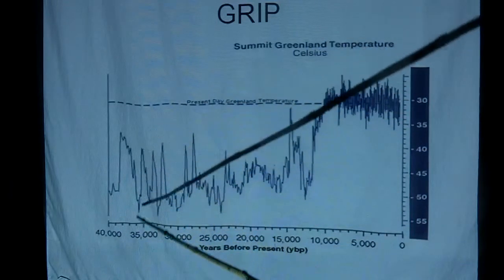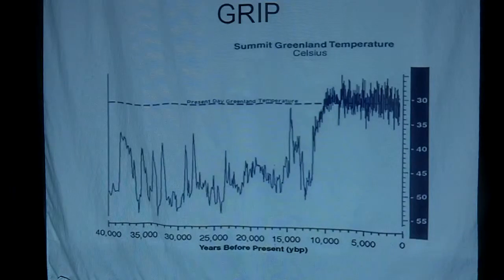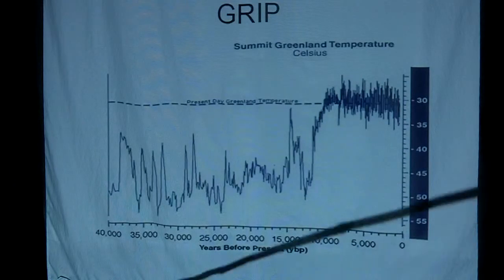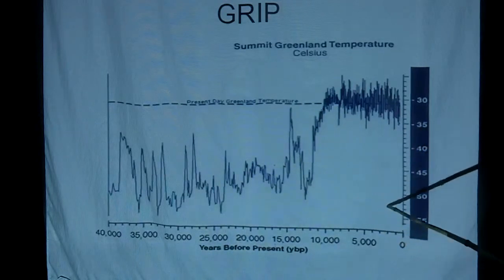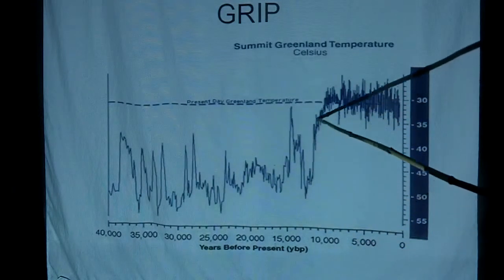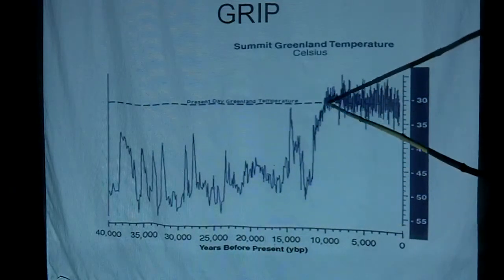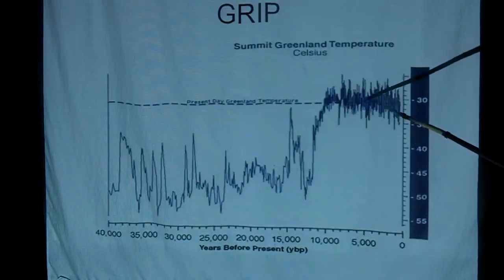And these kind of sudden changes, cold snaps or changes in temperature over Greenland, is undoubtedly a function of ocean currents, changes in the ocean current. And here we see it's down to minus 54 or something like that, and then it warms up pretty rapidly, and this is our present, the Holocene warm interglacial period that we're experiencing now.